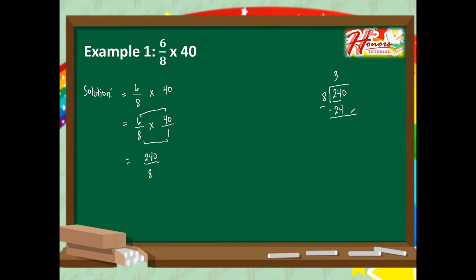Let's subtract. 24 minus 24 is 0, so let's cancel this out and then bring down 0. And then 0 divided by 8, that's 0. 0 times 8, that's 0. 8 minus 8, 0 minus 0, that is 0. So the answer is 30.